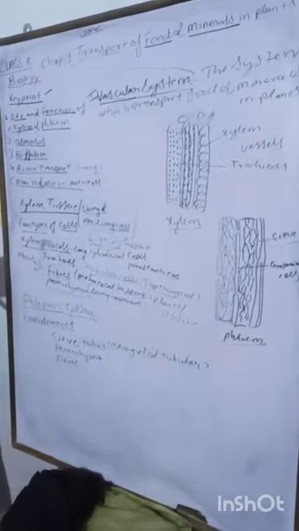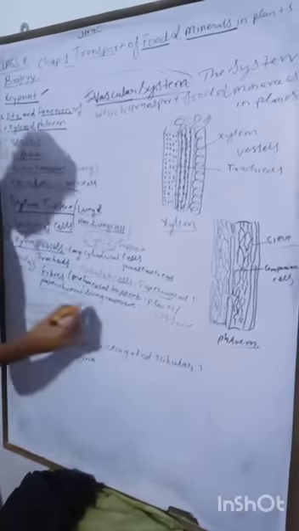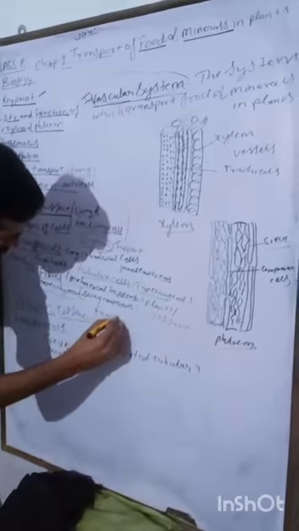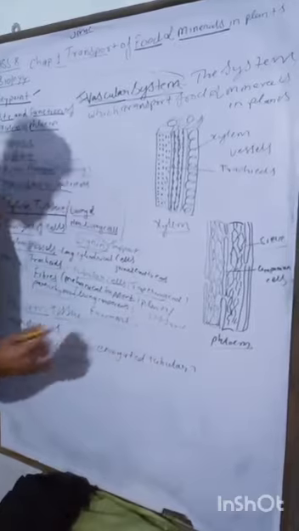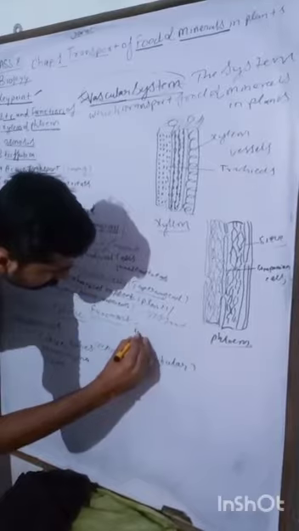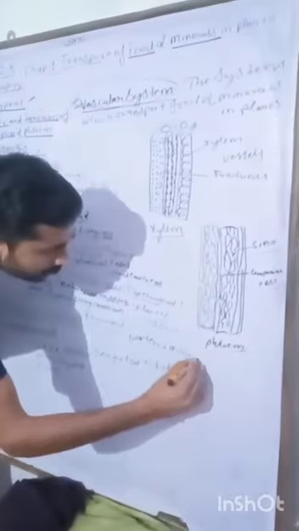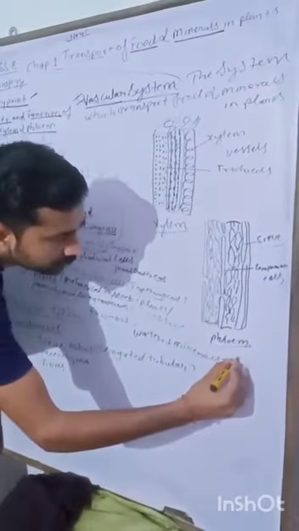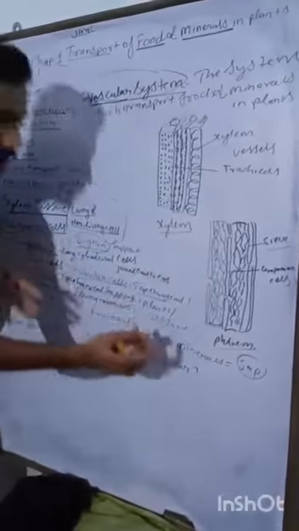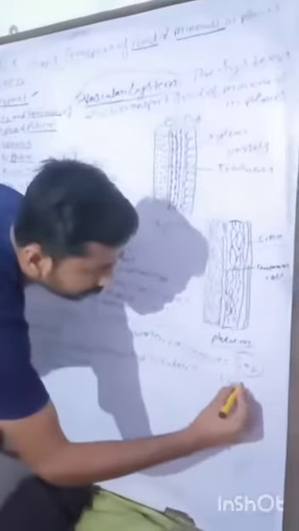Okay, after that we are going to discuss the functions of xylem. Basically, students, the main function of xylem is to transport water and minerals in the form of sap. Sap means a solution of water in which minerals are contained, in the form of cell sap, in one direction only.